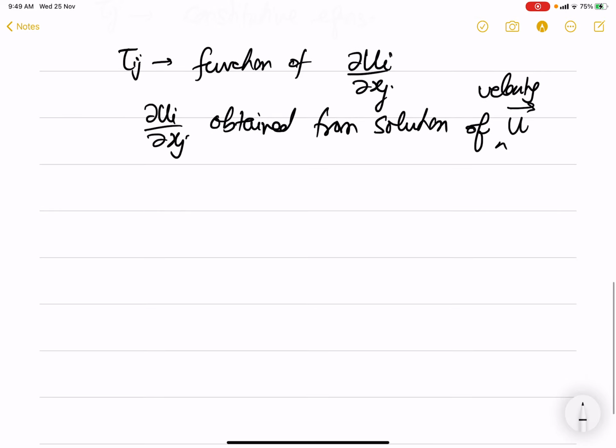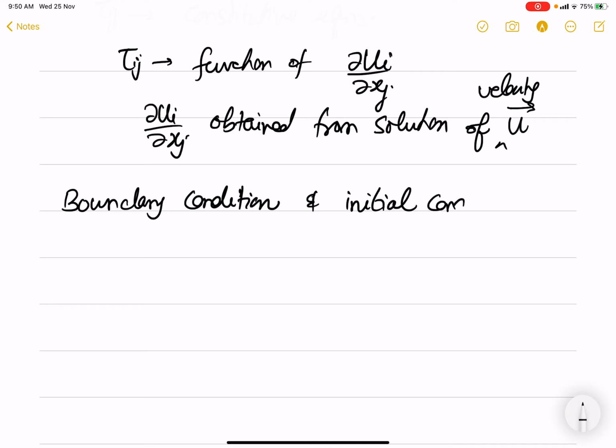But now we realize there is one important thing which we need, and this is the boundary condition. And if the problem is unsteady, we will also need initial conditions.